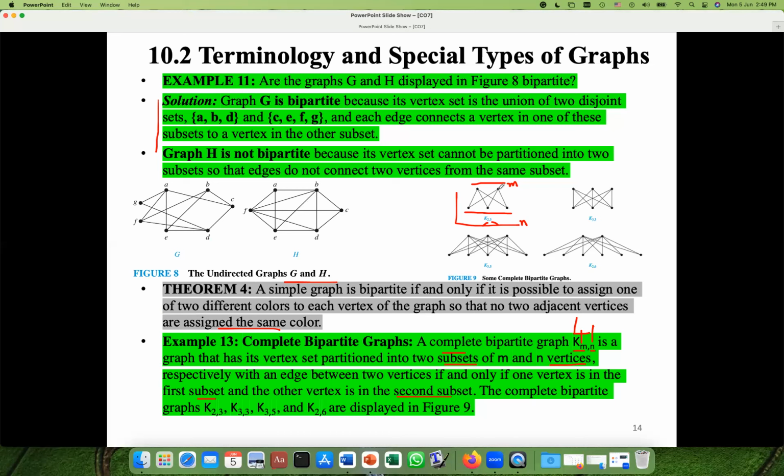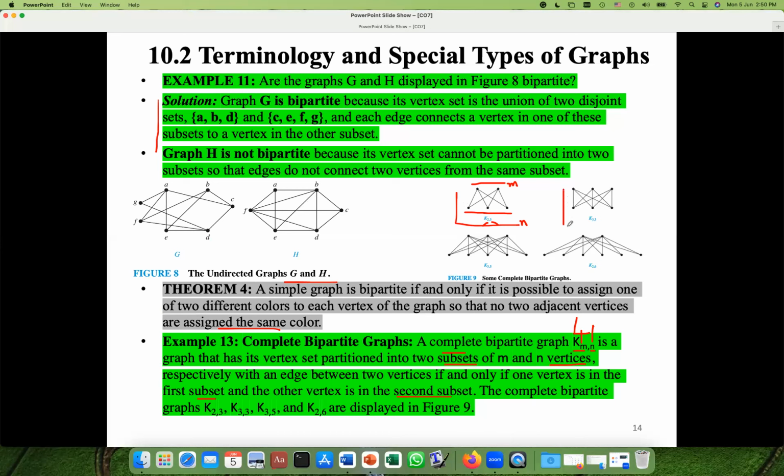And from this vertex, you will have edges to all other vertices in N. If you have this situation, then you can call that graph a complete bipartite graph, which means that it is complete according to the bipartition.